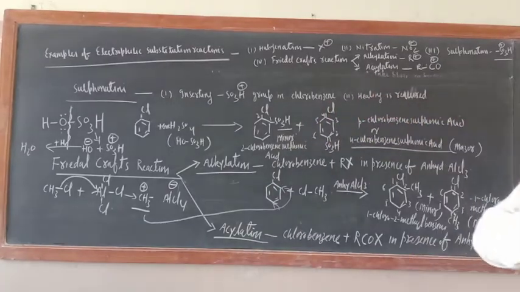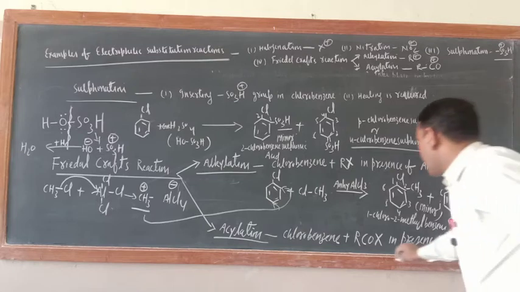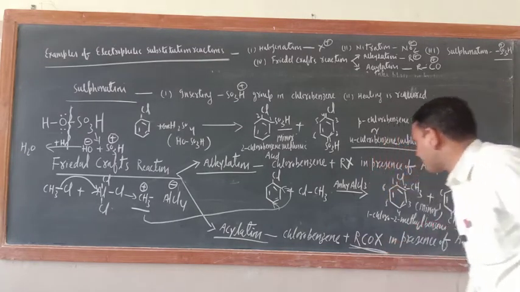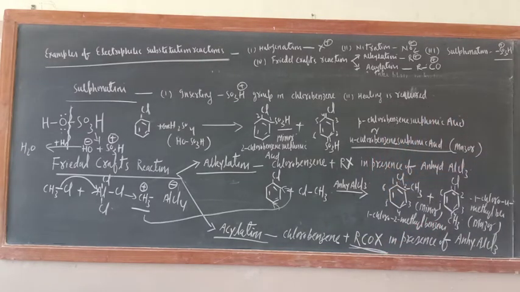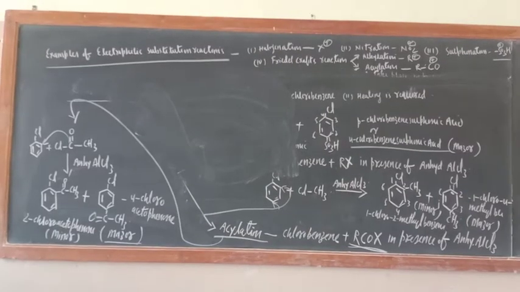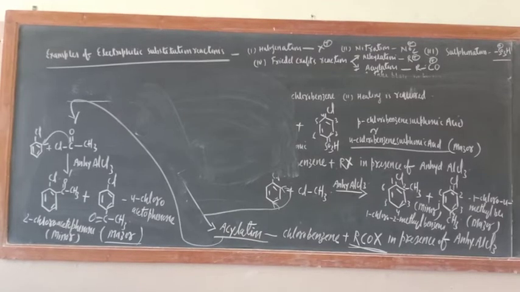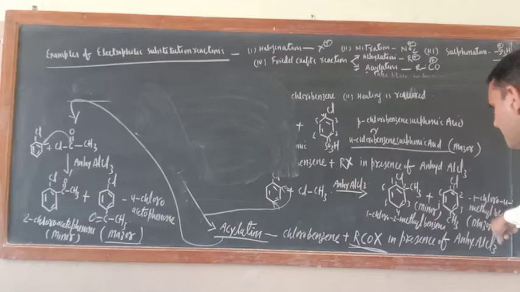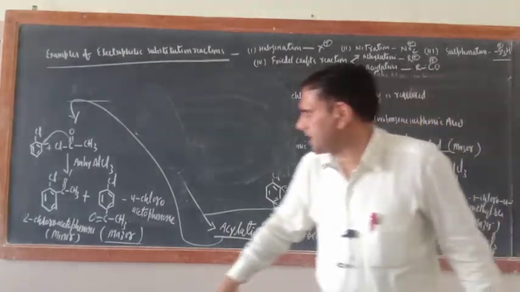In acylation, chlorobenzene reacts with an acyl halide, RCOX. RX is an alkyl halide, RCOX is an acyl halide. So the last one is acylation: chlorobenzene plus RCOX in the presence of anhydrous AlCl3.